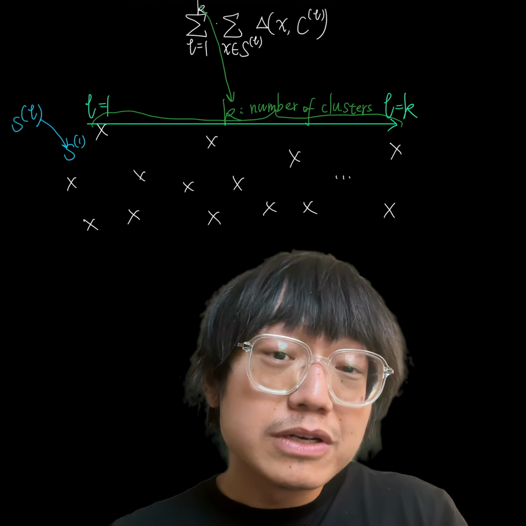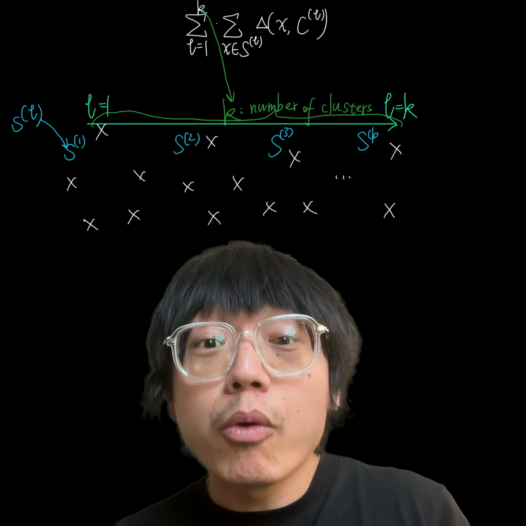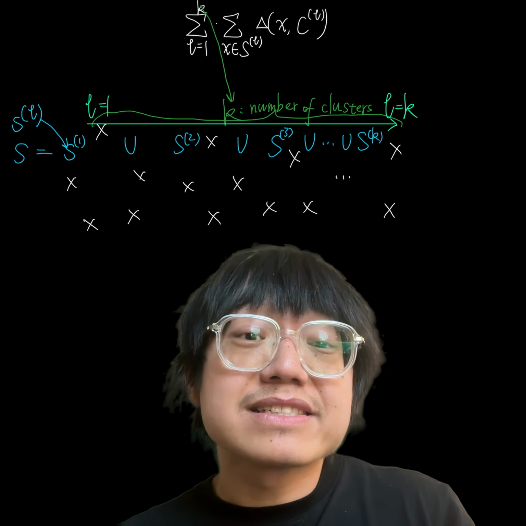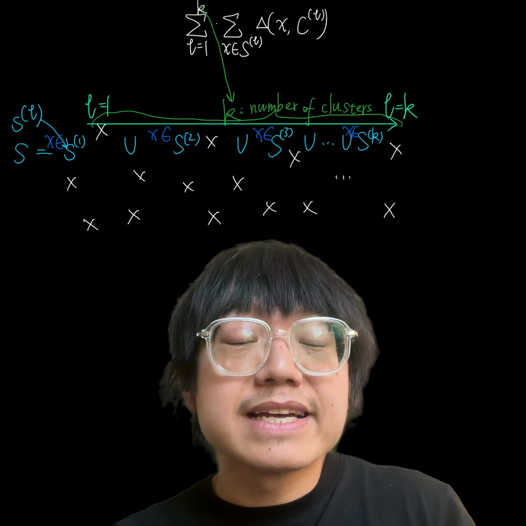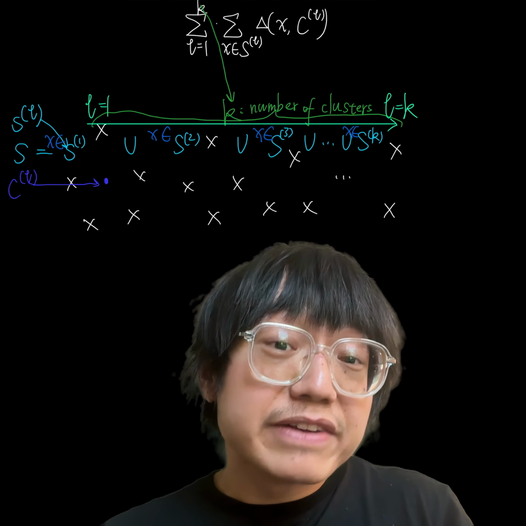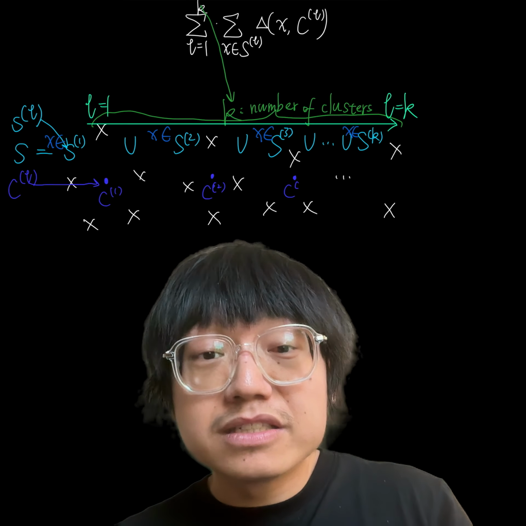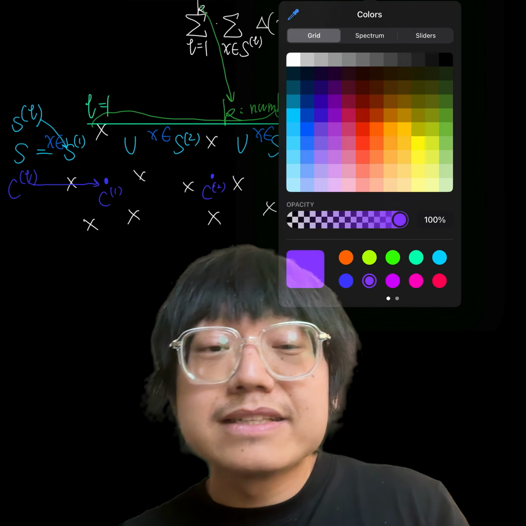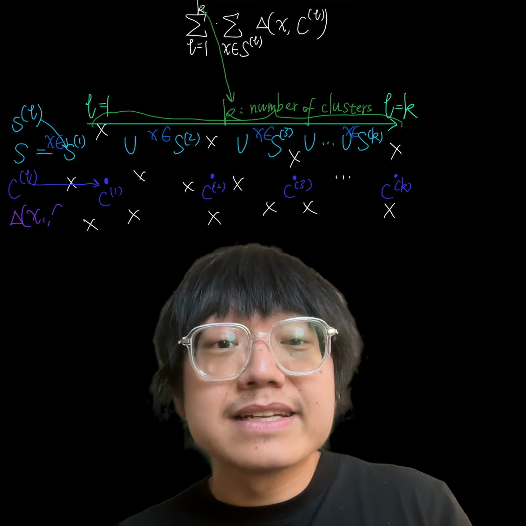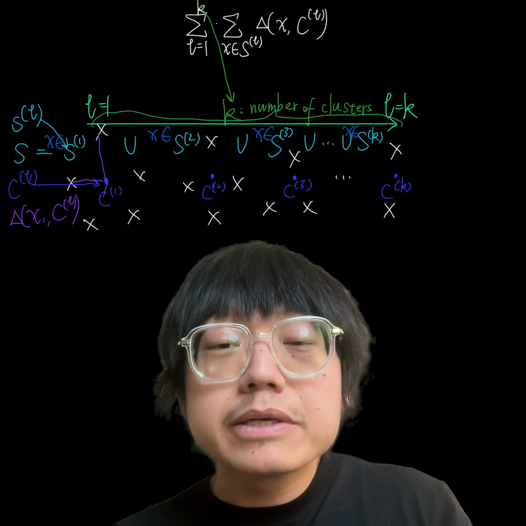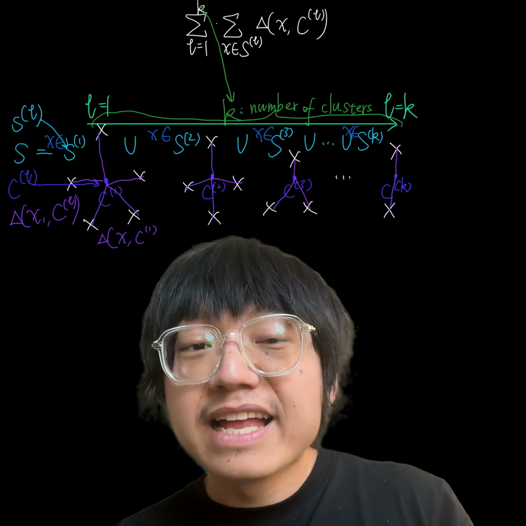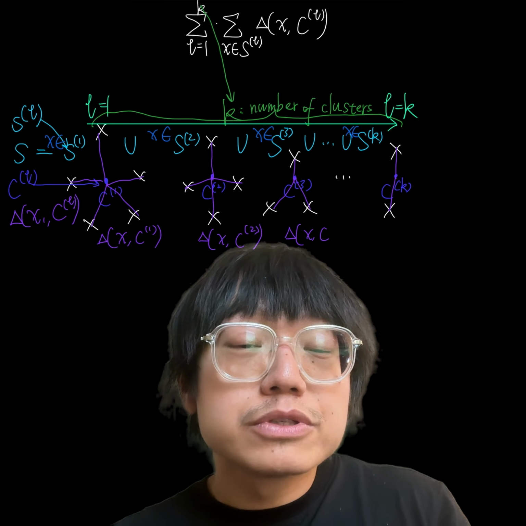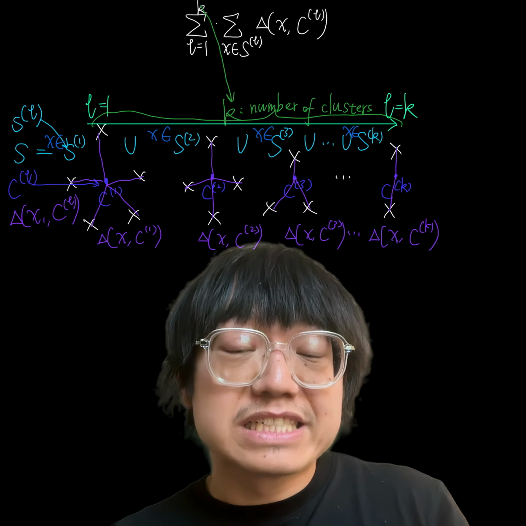S of L represents the set of all points assigned to cluster L, and x represents a point in the set S, and C of L represents the center of cluster L. The delta of x and C of L typically represents the squared Euclidean distance between a point x and the cluster center C of L of its cluster.